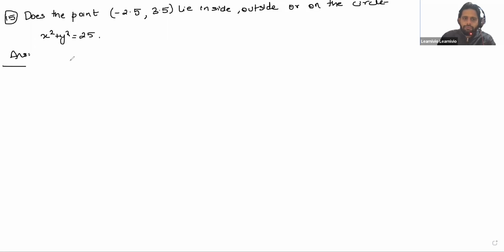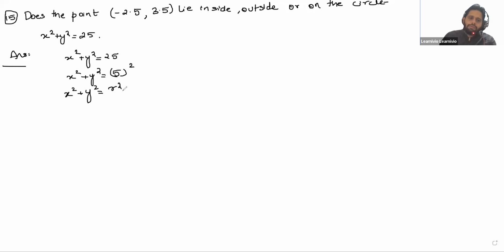So x squared plus y squared is equal to 25, so we can say that x squared plus y squared is equal to 5 squared. If we compare this with the standard equation, we can say that r is equal to 5.